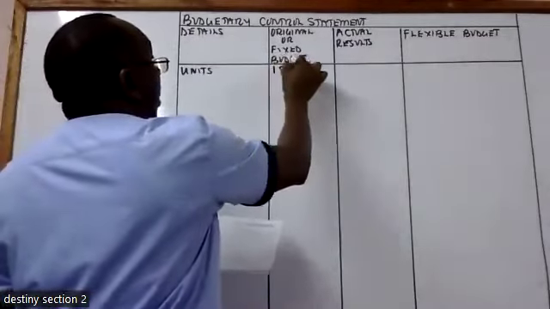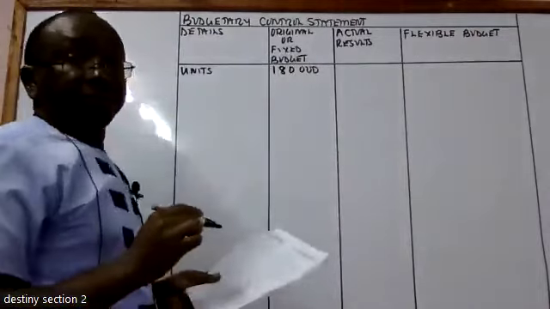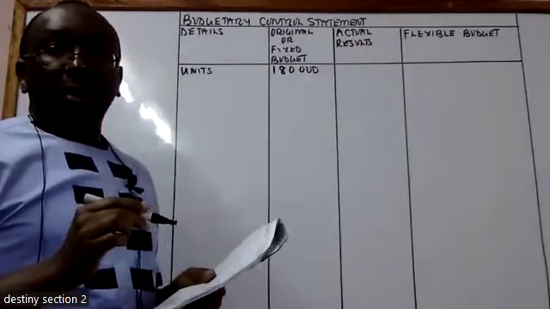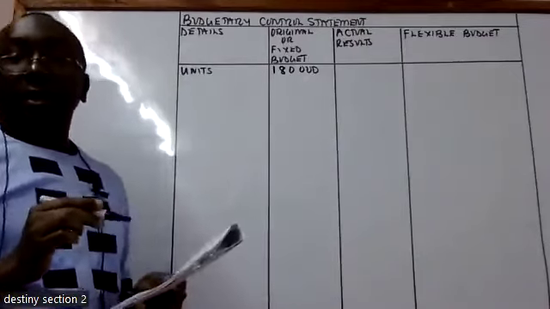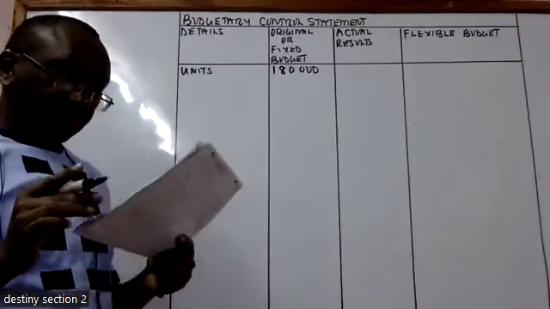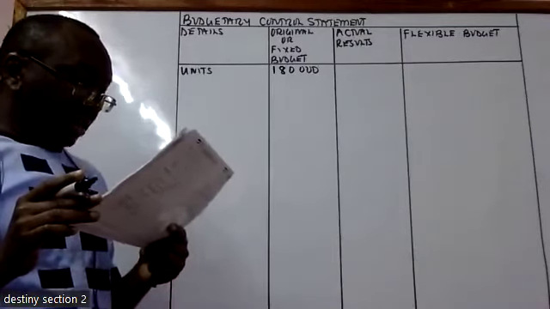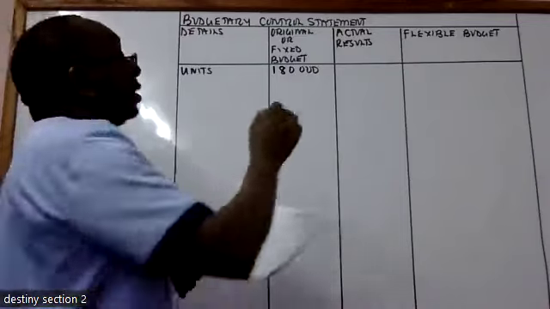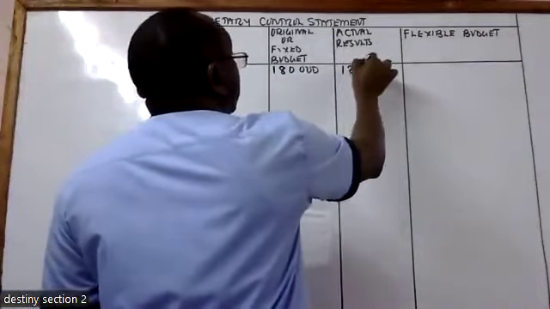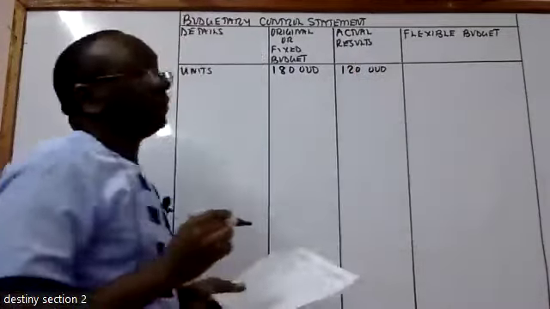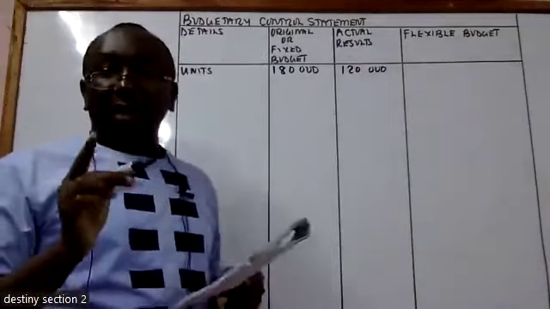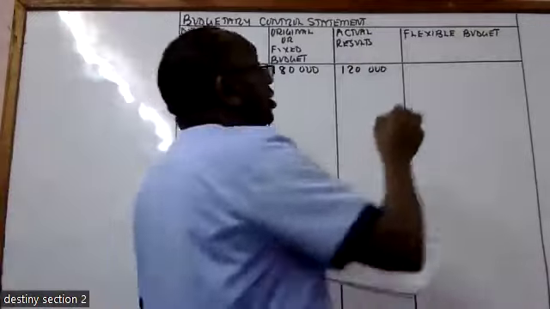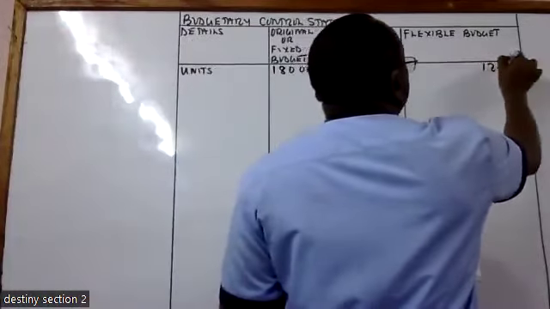So the units are 180,000. And then the actual results was 120,000. So this one, you put it 120,000. And the units of the actual are also the units of the flexible.